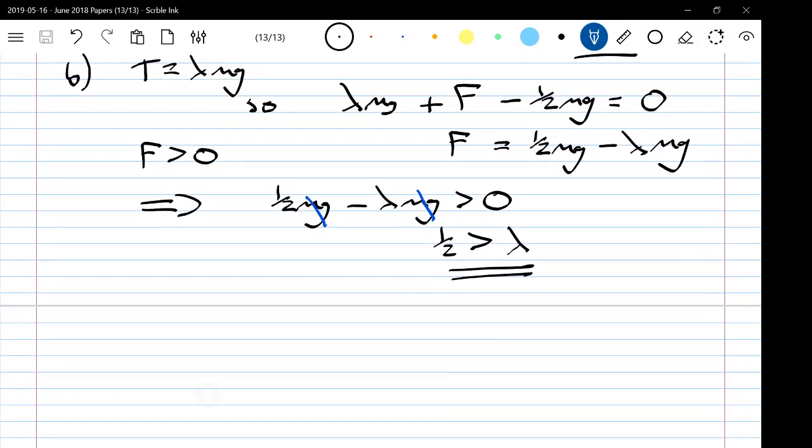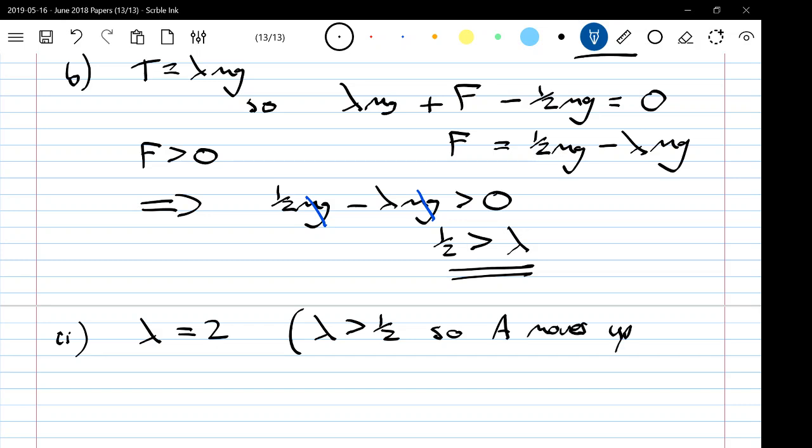Things change. So in part 2, lambda is now equal to 2. Now notice that means that lambda is greater than a half. So now it's moving in the other direction. So it's now moving up the plane. And that's quite an important thing to notice in this, the kind of link with what you've just done in the previous part to what you're doing next.